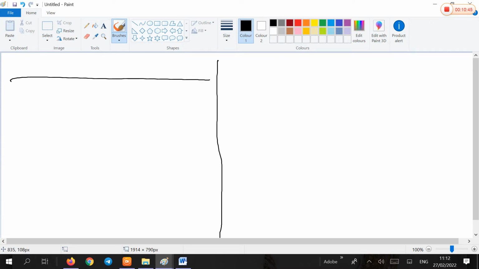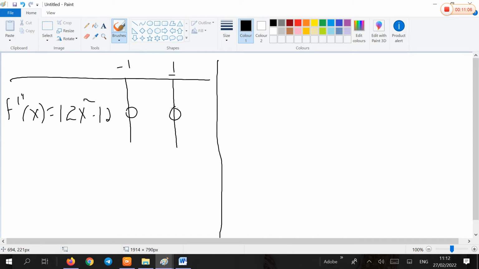The numbers negative 1 and 1 are the numbers which make the second derivative 0. The second derivative of f of x is given by 12x squared minus 12, which is 0 at both negative 1 and positive 1.